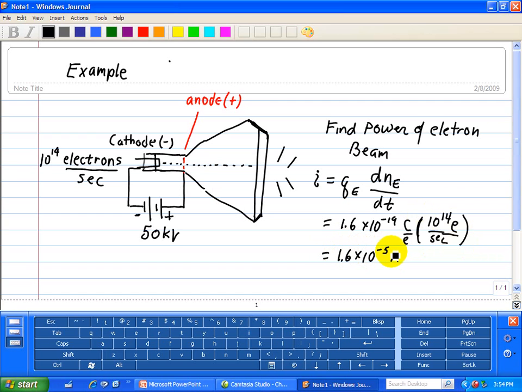Now the power we discussed earlier is P equals IV. We're given the voltage of 50 kilovolts, and we just found our current, so we just multiply those two variables.